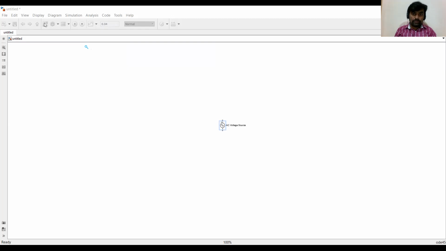Here you can see the thyristor which I can add to the untitled model. Then we need a pulse generator to give the firing pulses to the thyristors. Thereafter, I need a series RLC branch. Then voltage measurement to measure the voltage, and current measurement to measure the current wave shape or current magnitude.